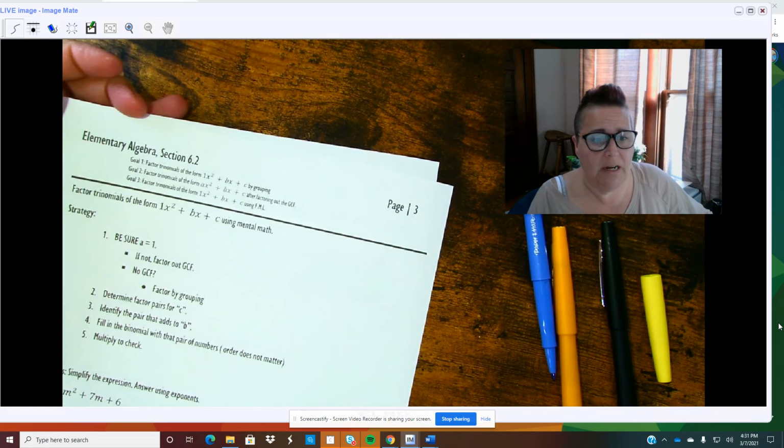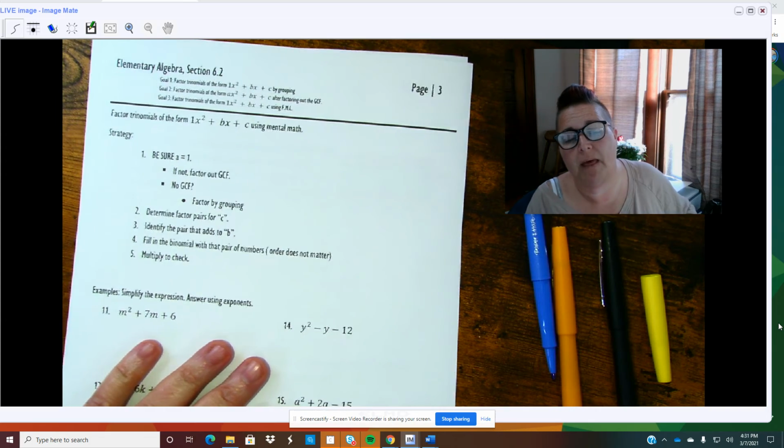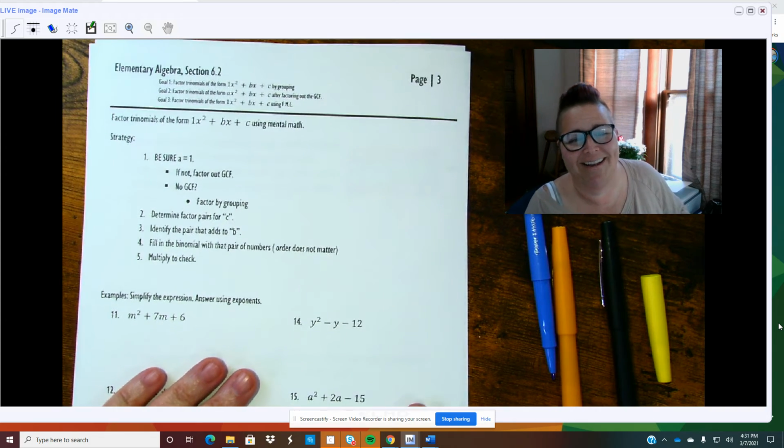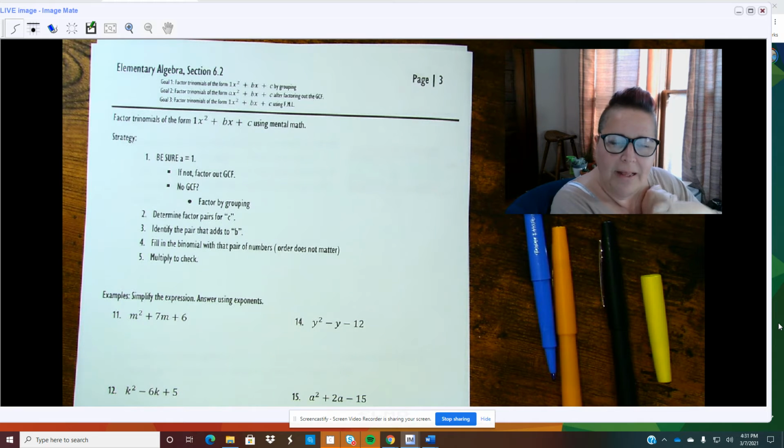We want to factor trinomials of the form 1x squared plus bx plus c using FML. I know what that stands for, really. But it's really sort of a FOIL mental math. I think that's what it stands for. I don't remember what FML stands for. FOIL, forward mental math, something like that.